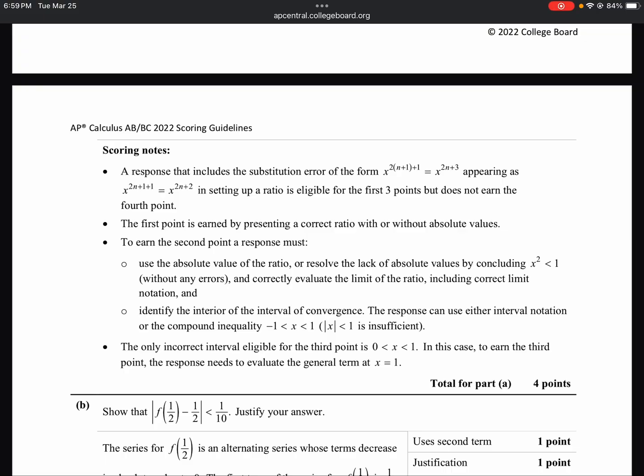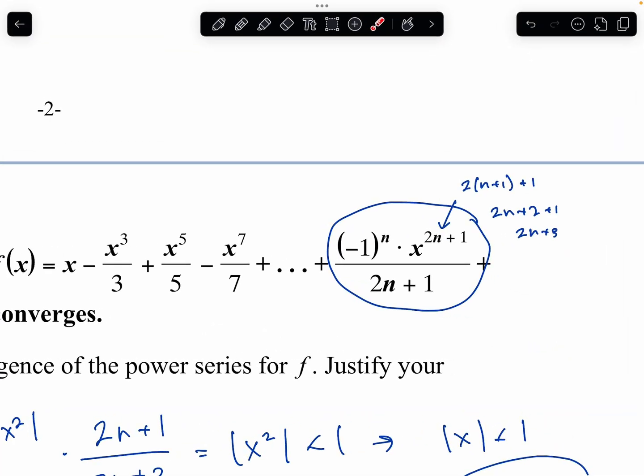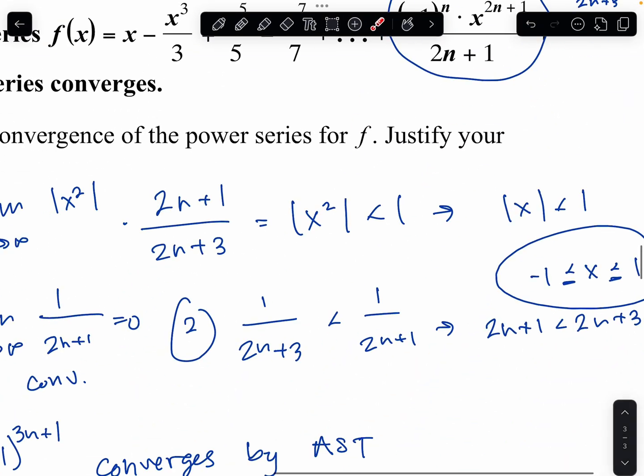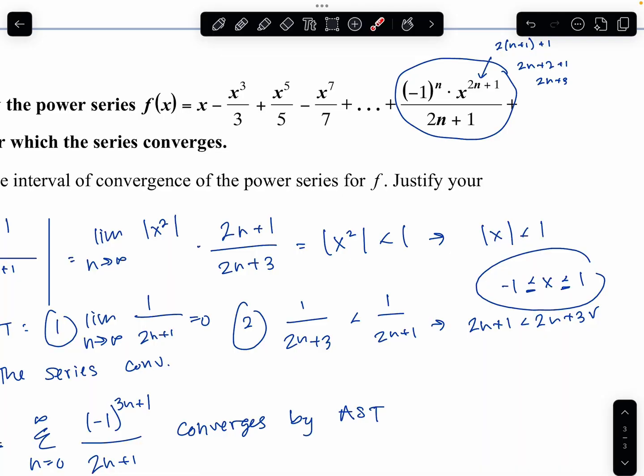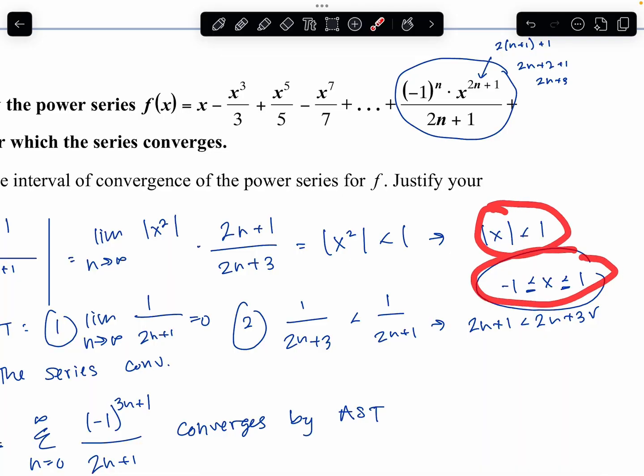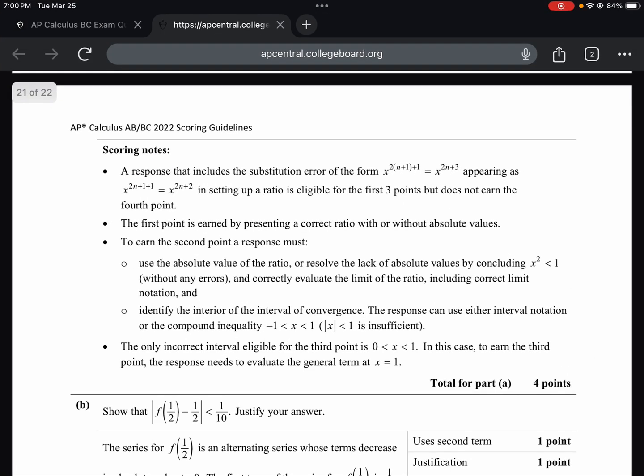Identify the interior of the interval of convergence. The response can use either interval notation or the compound inequality of -1 is less than x is less than 1. So I'm pretty much covering all my points whenever I'm doing it. Whatever I did covers all the points that you need. Absolute value of x squared less than 1. This right here, which would be the same thing as this if you don't include those right there. But yeah, I think I'm covering all the points here.